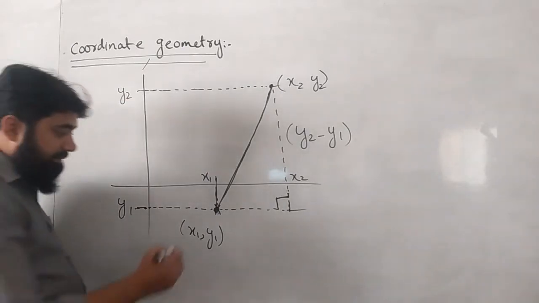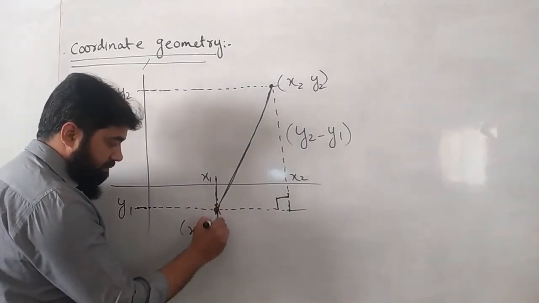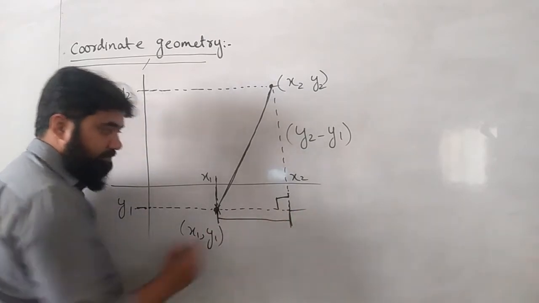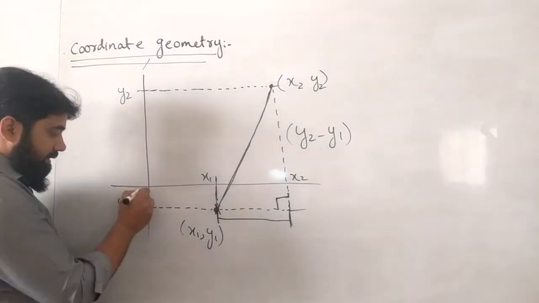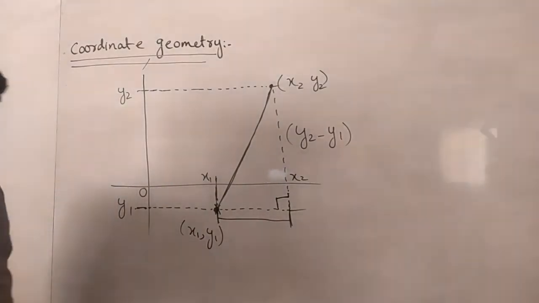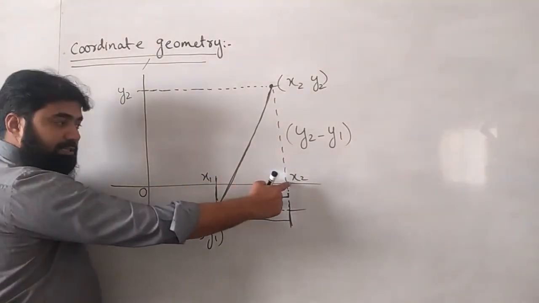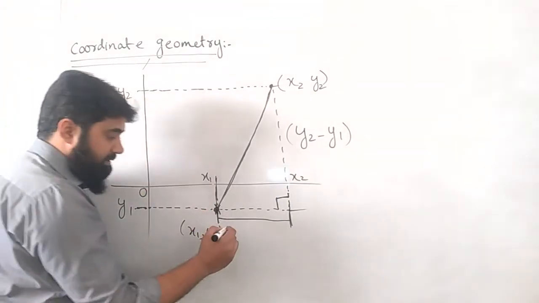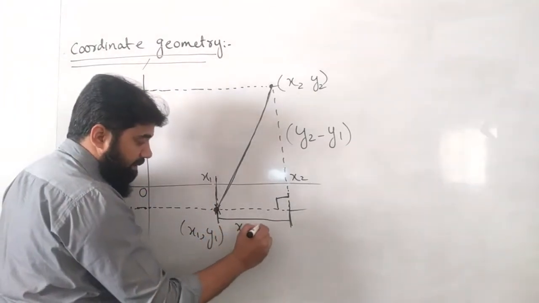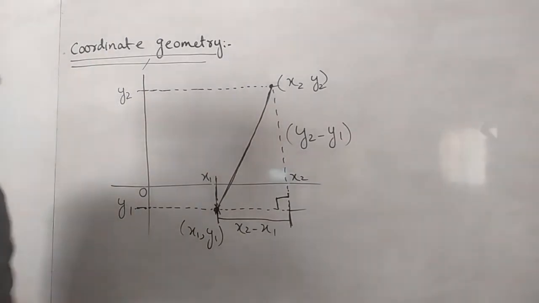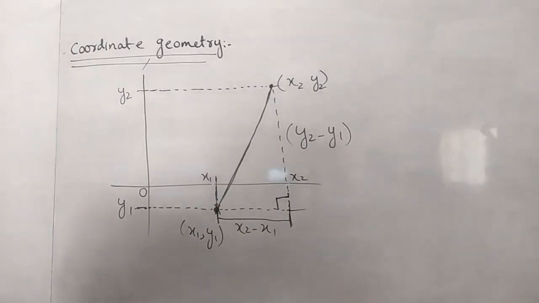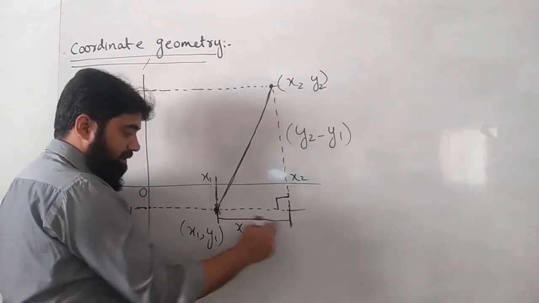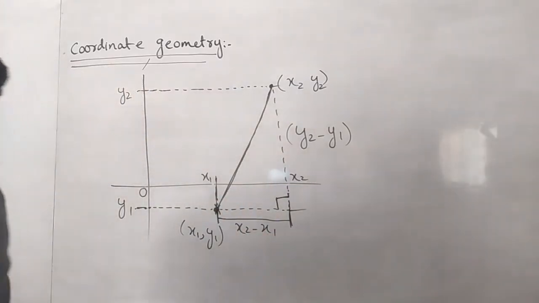In the same way, from 0 till x2 and 0 till x1, when I subtract both, it becomes x2 minus x1. So I have y2 minus y1 and x2 minus x1.